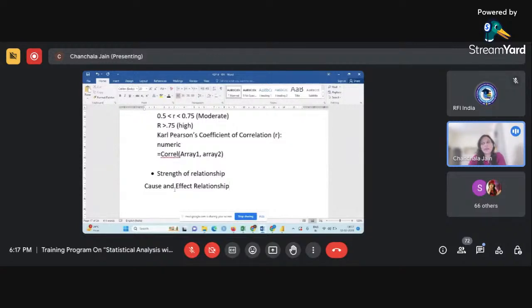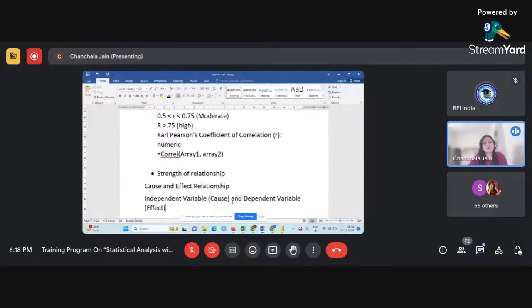So if I say dependent and independent, in that case the cause variable, or the independent variable, will be your cause variable and the dependent variable would be your effect variable, right? So this way we can understand that in regression we can study cause and effect type of relationship.